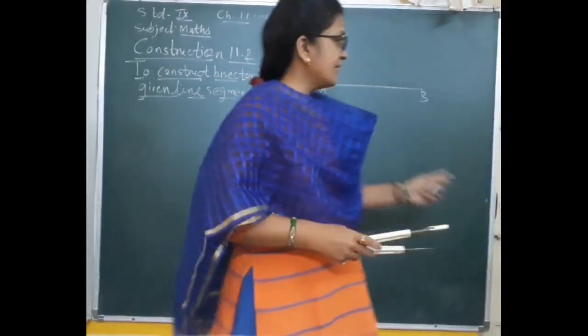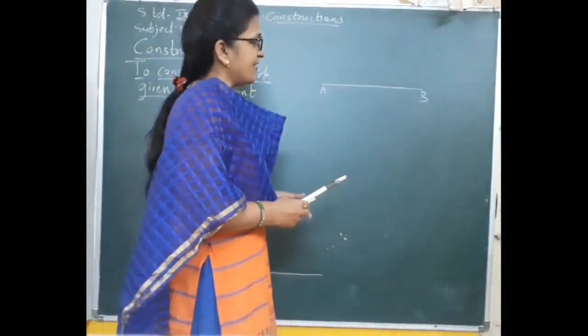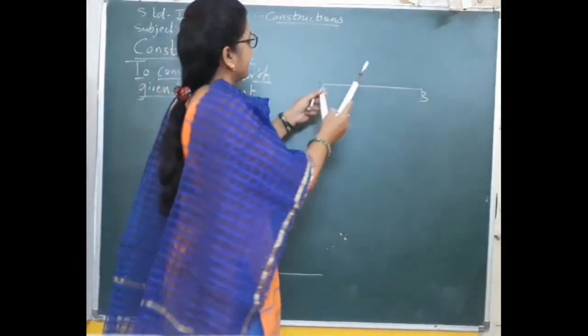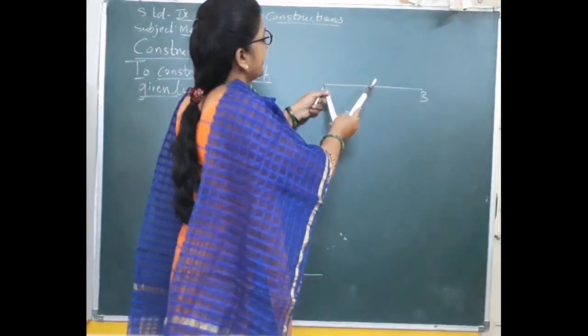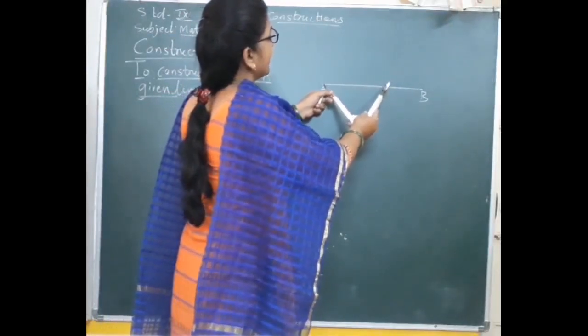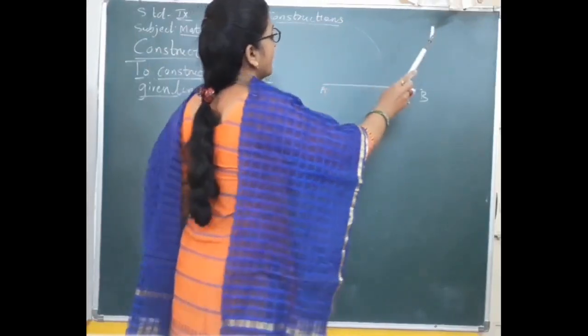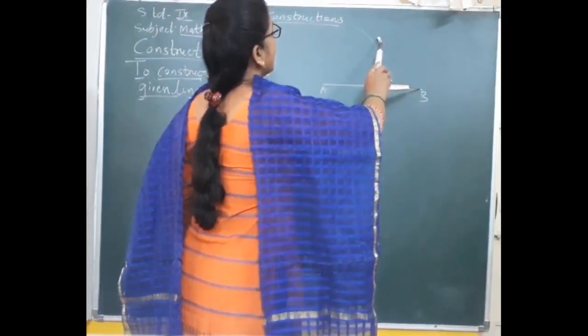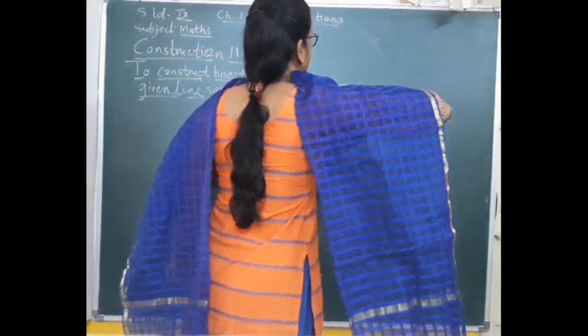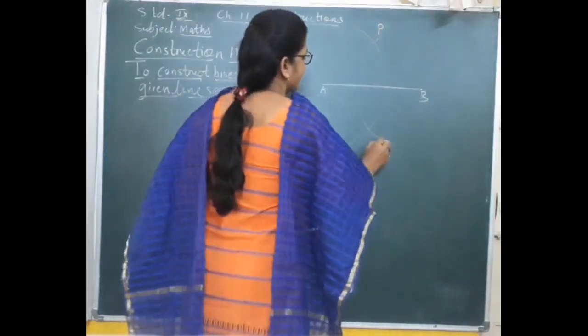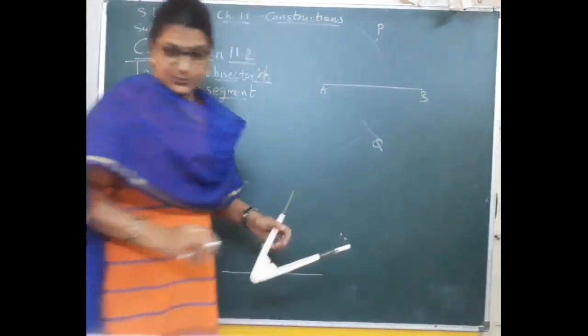Let AB be the given line segment. We have to construct the bisector of it. Now again with any arbitrary radius, more than half of AB, draw two arcs on the two sides of line segment AB. Let these two arcs intersect each other at points P and Q. Join PQ.